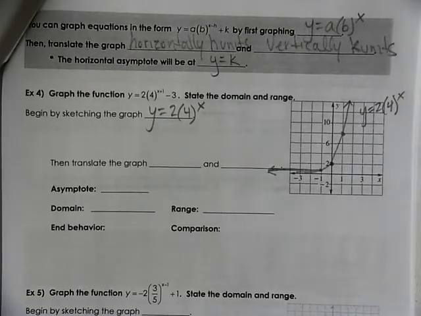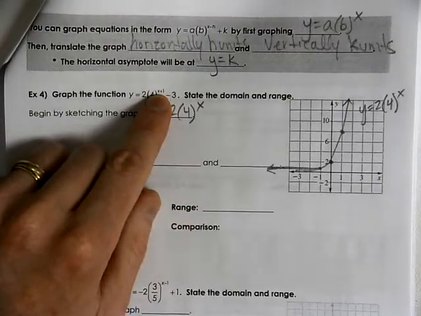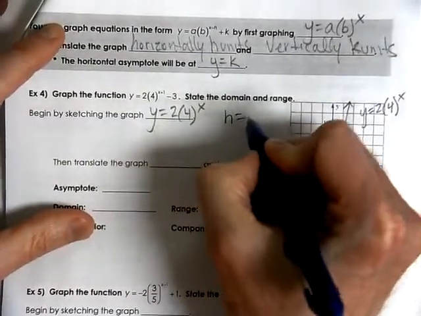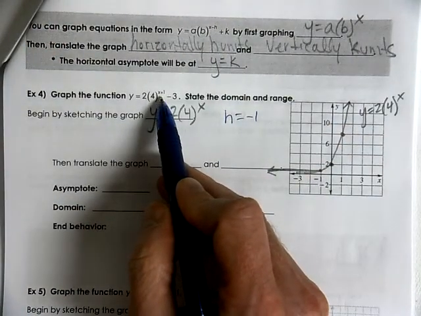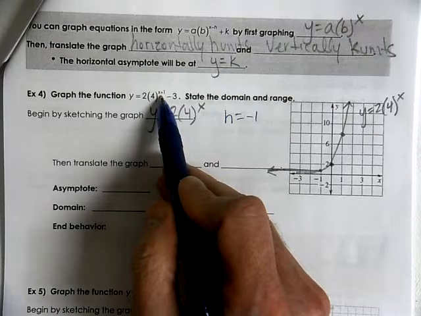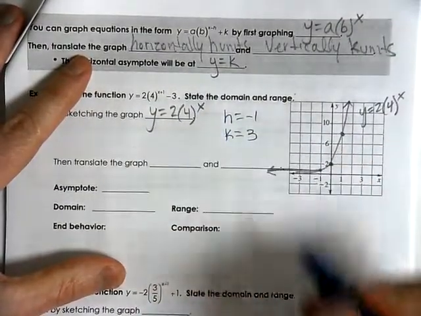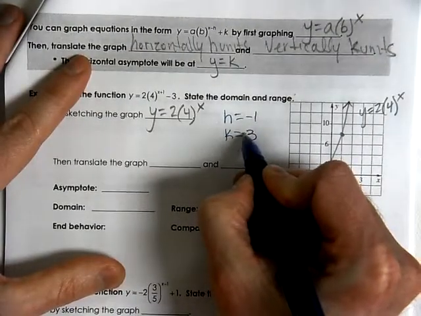Then we're going to take every one of our points. We're going to translate it horizontally h units. We know our h value is going to be -1 because our equation is x plus 1. And our k value is going to be 3. And it's actually a -3.